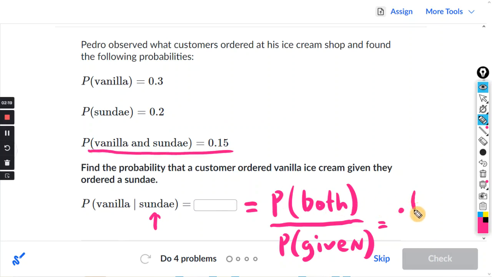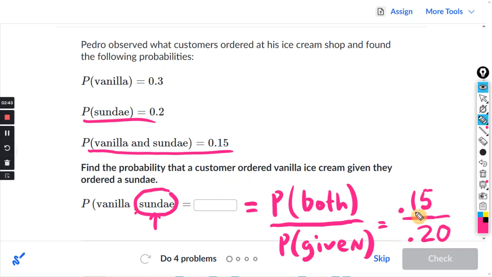That's in my numerator. And the probability of what's given. What was given? The given slash line is here. It's given that the person ordered a sundae. And that probability is 0.2. Or you can say 0.20.